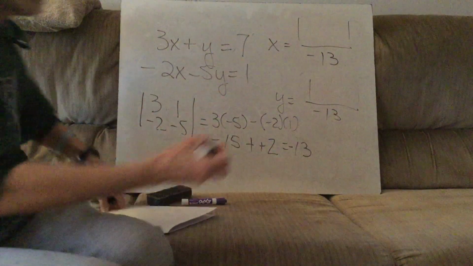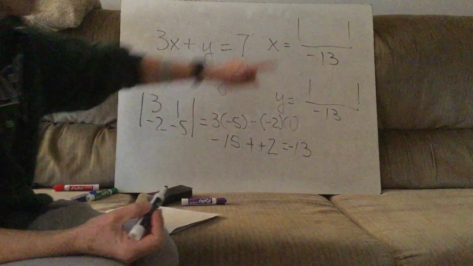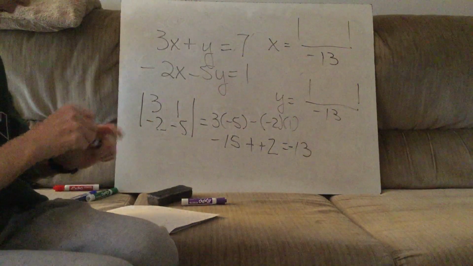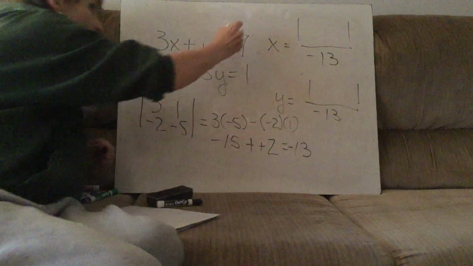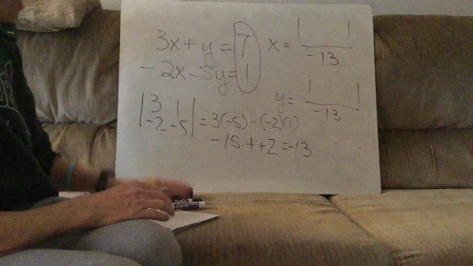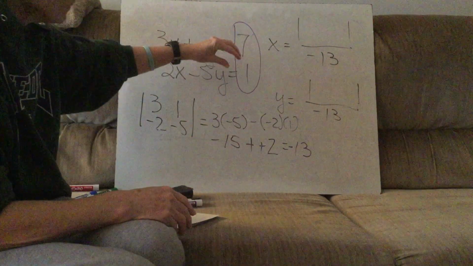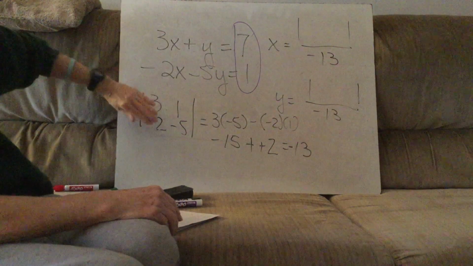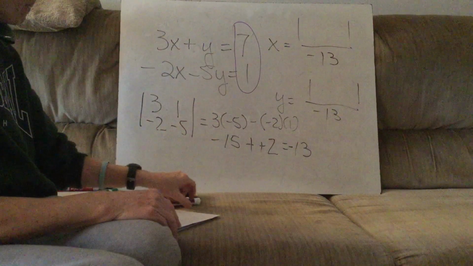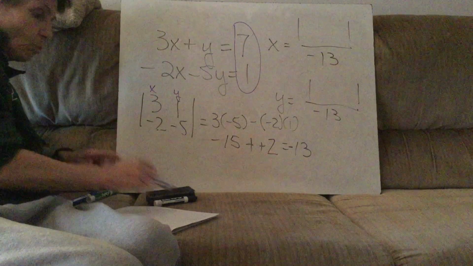So now I have to evaluate those little determinants for x and y. To find them, I am going to use these two numbers, 7 and 1. I'm going to pretend that I can cut those out and paste them either on this column or on this column, depending on if I am solving for x or y.